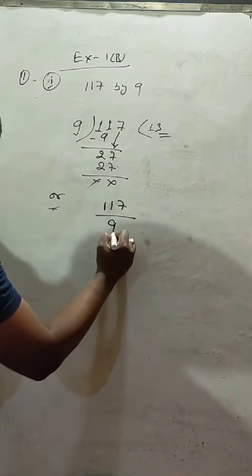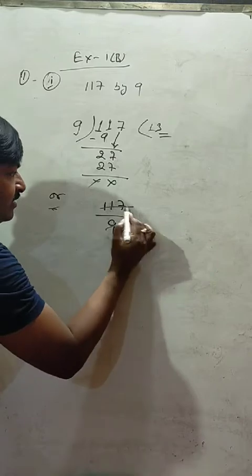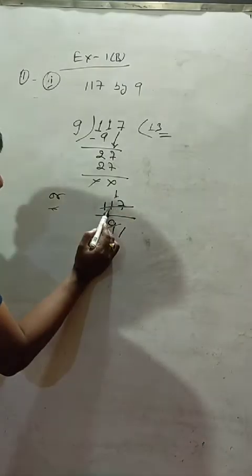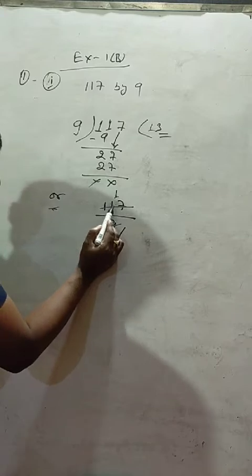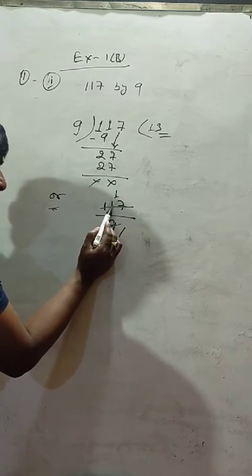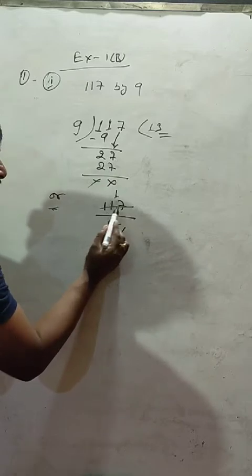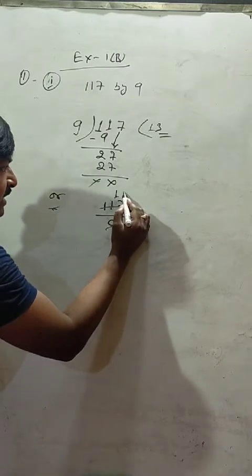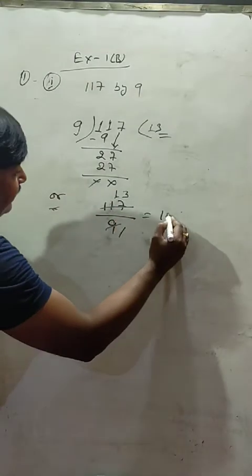Or we can solve 117 by 9 like this: 9 1s are 9, again 9 1s are 9, here is 11, and 9 is subtracted, the remaining part is 2, and 2 and 7 is 27, and 9 3s are 27.